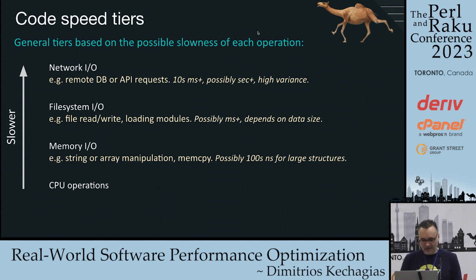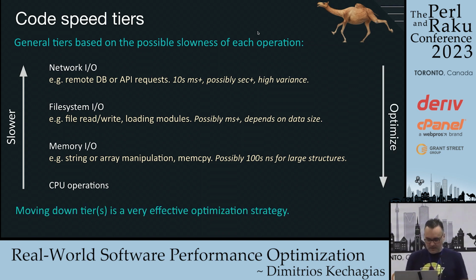Then we have memory I/O, which is commonly string manipulation because it requires copies of memory. And if it's a large structure, might be hundreds of nanoseconds. And the fastest are the regular CPU operations and memory lookups, perhaps.